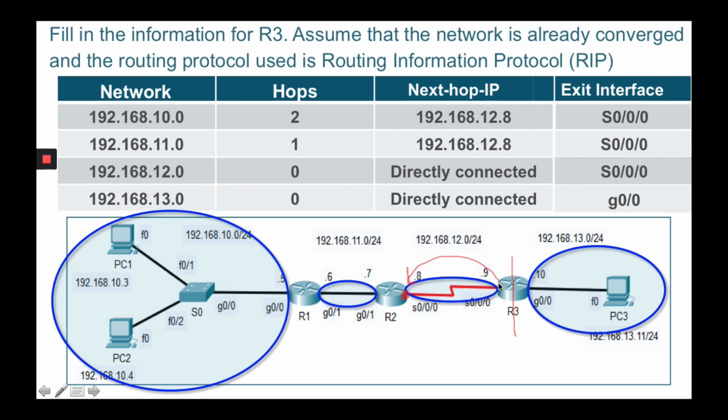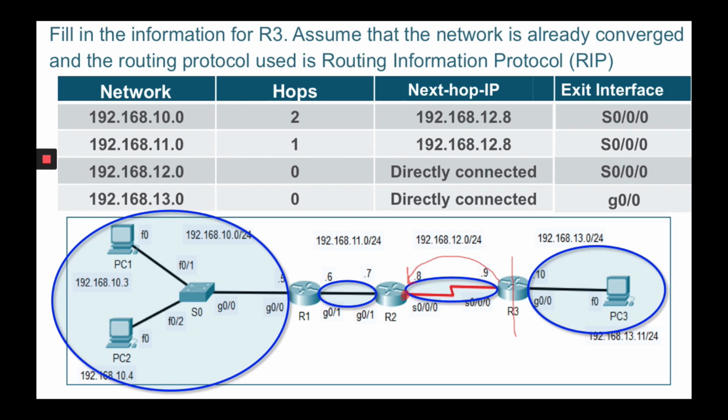your exit interface refers to your interface, not the IP address, yeah? Your exit interface is the main door for you to route the packets in which direction, that is your interface. So you have to refer to the topology to identify which interface is your exit interface. Okay, the next hop IP address is different.